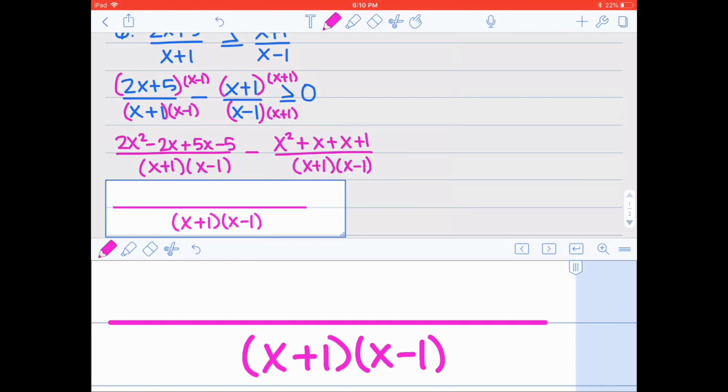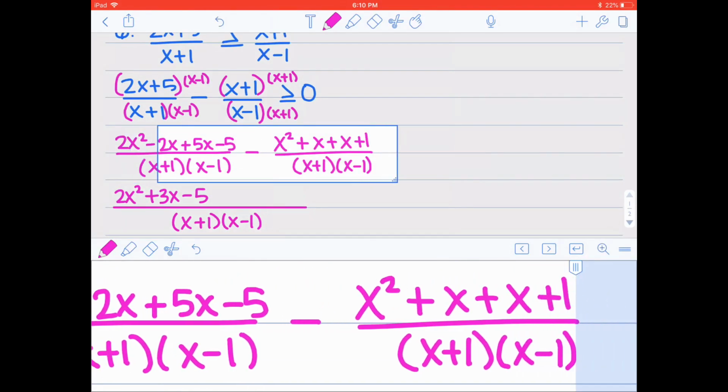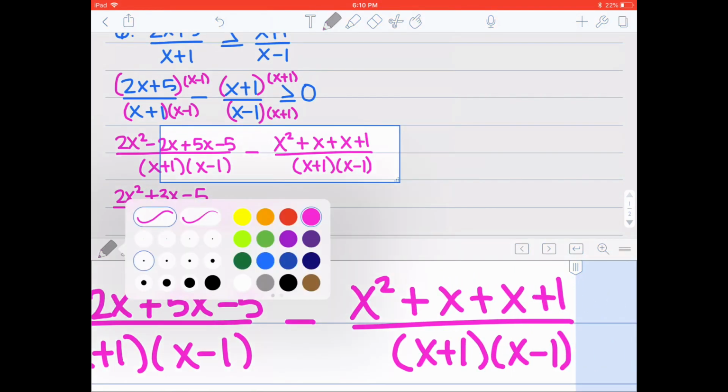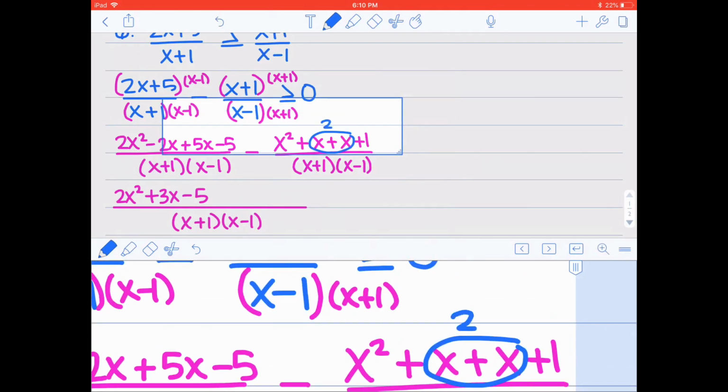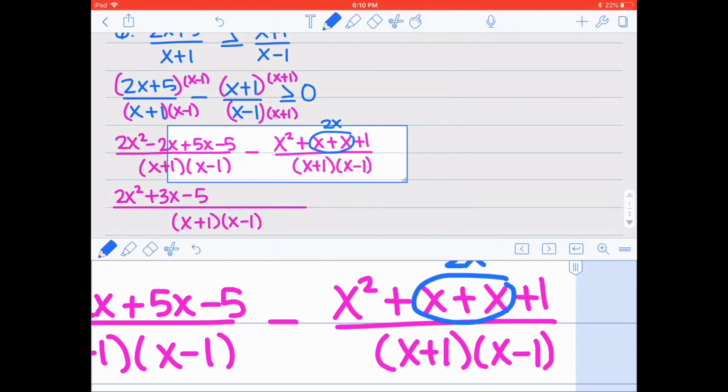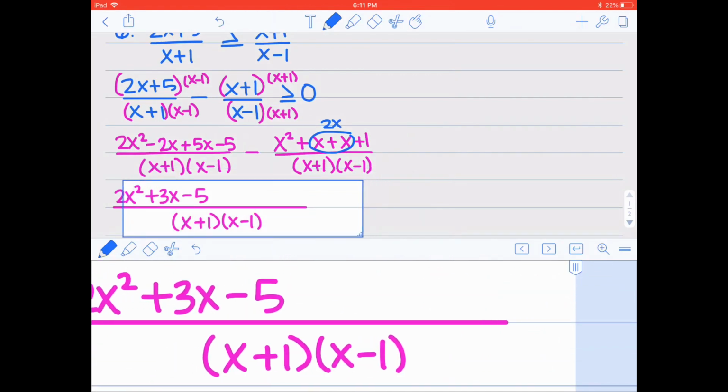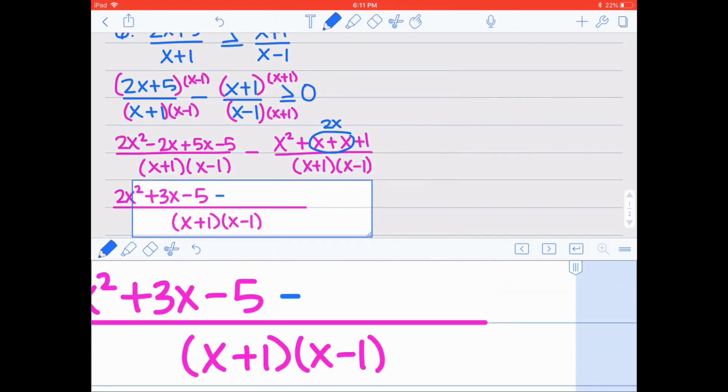And then on the top for that first fraction, I have 2x squared, negative 2x and positive 5x makes positive 3x, and then negative 5. And if I look back up here, I had that x plus x, which is going to be 2x. Now I can take that negative and distribute it, which leaves me with negative x squared minus 2x minus 1.